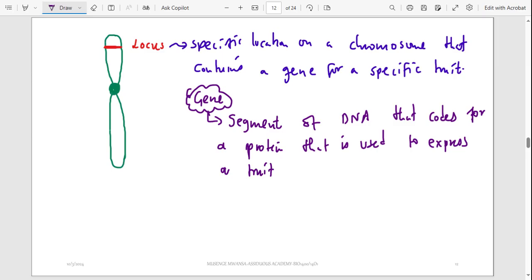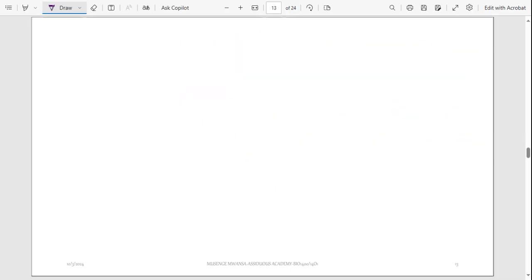And that is how I ended up being the way I am. But then if my mother is light and my father is not light, why is it that I'm not light? That has to do with which gene from either the mother or the father is much stronger. Now, for you to form a gene, you need information from both the mother and the father, as you have said, right? So now let's understand that.